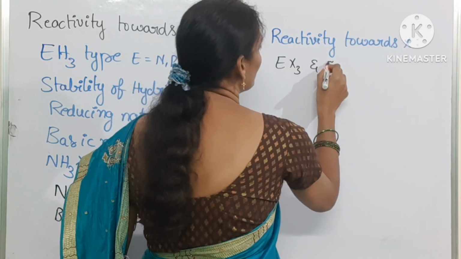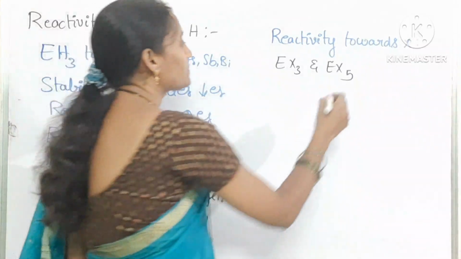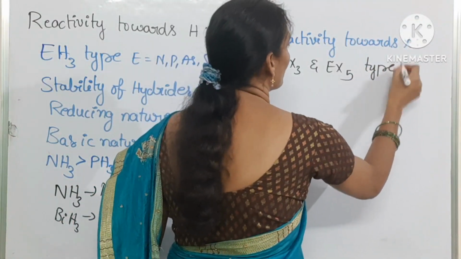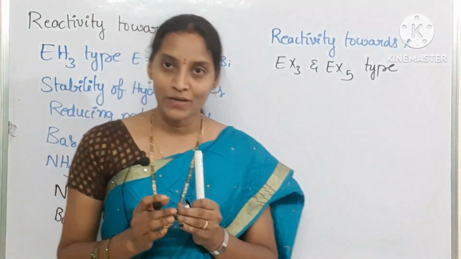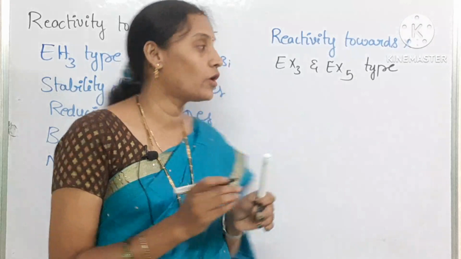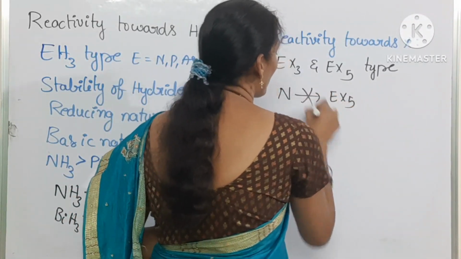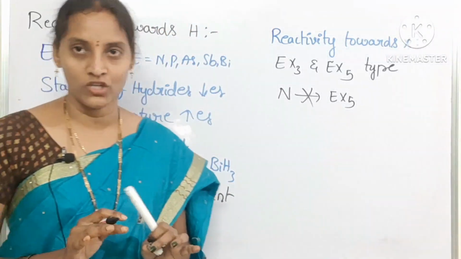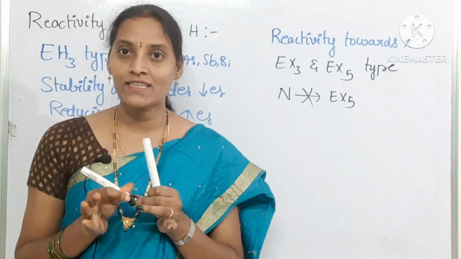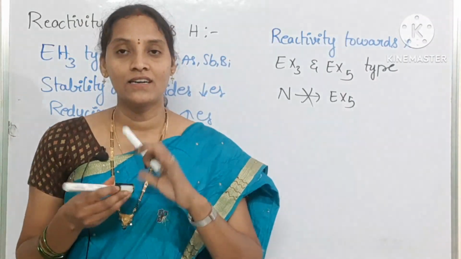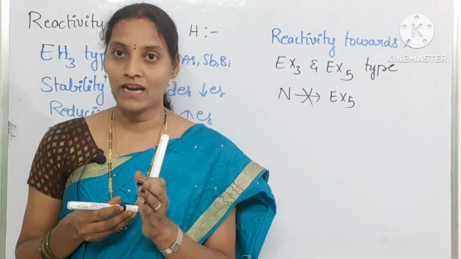Listen, nitrogen will not form EX5 type halides because of the non-availability of d orbitals. And one more thing here: down the group, the stability of EX3 type halides increases, except for nitrogen trihalides.